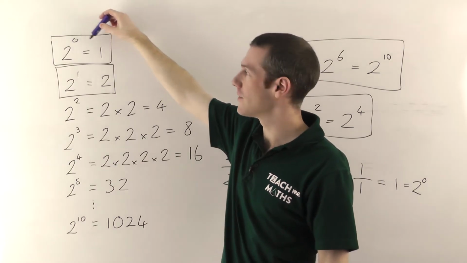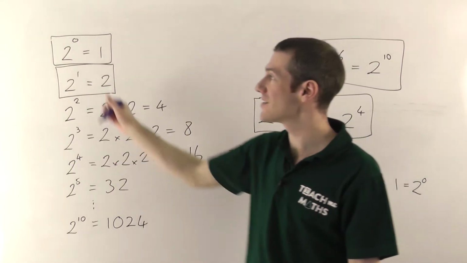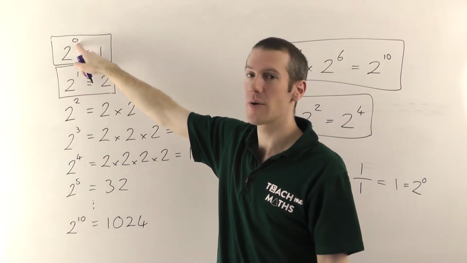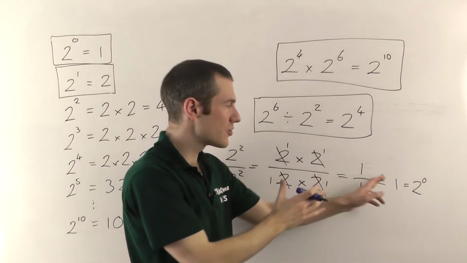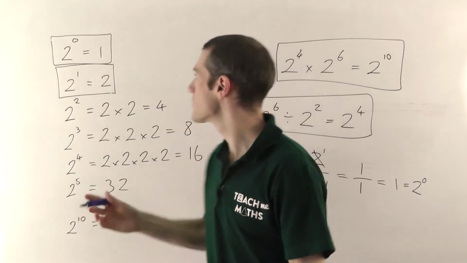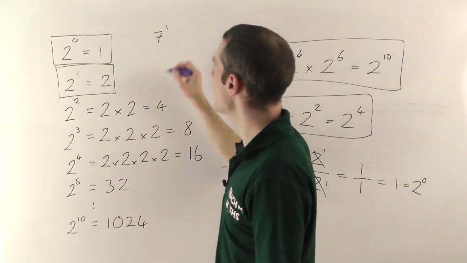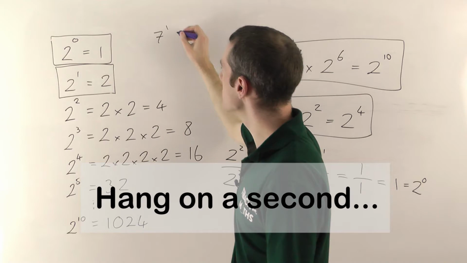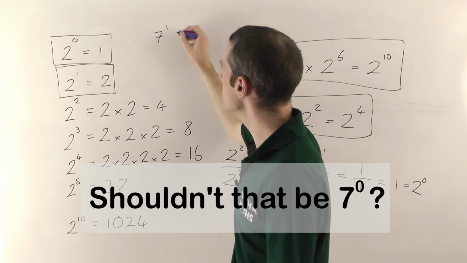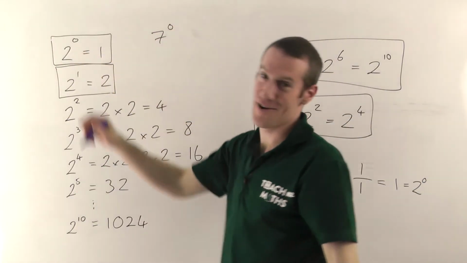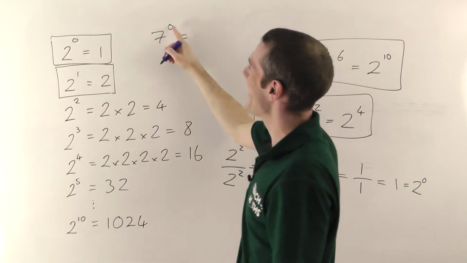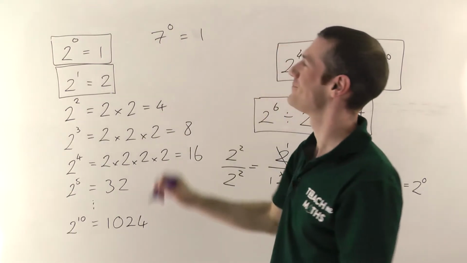Anything to the power 0 is 1. And again, it doesn't actually matter what this is. The 0 here tells you that it's all cancelled. They've all disappeared. So you're just left with 1. So if you've got 7 to the power 0, anything to the power 0 is 1.